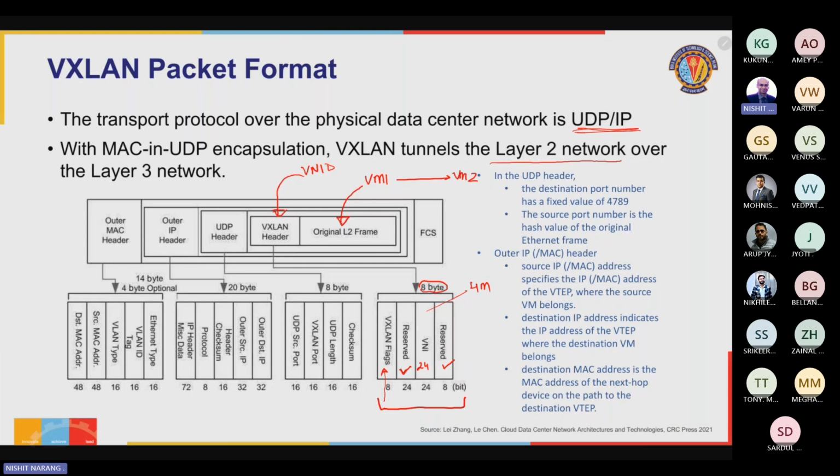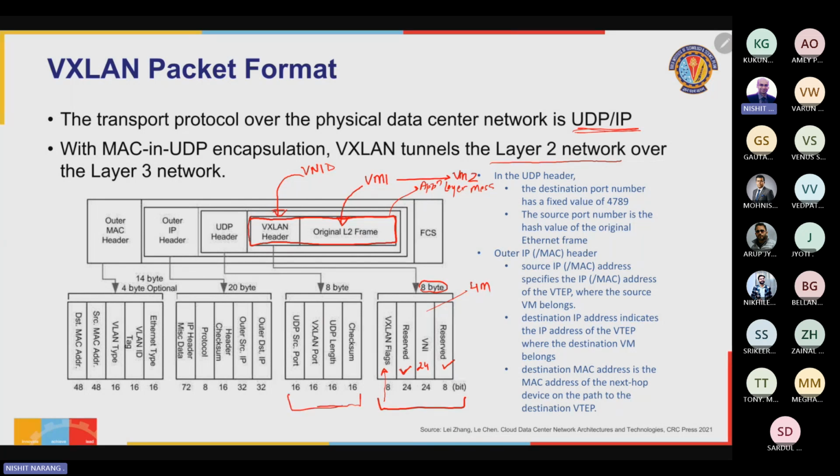Once I put this VXLAN header, this thing that I have, I treat it as an application payload. Think of it like an application layer message. And I pass it to the UDP protocol. So UDP will put in its own header. We've seen the UDP header now.